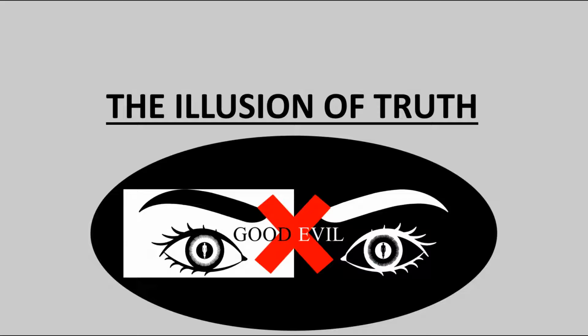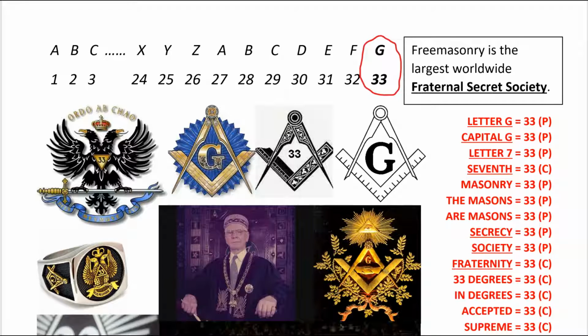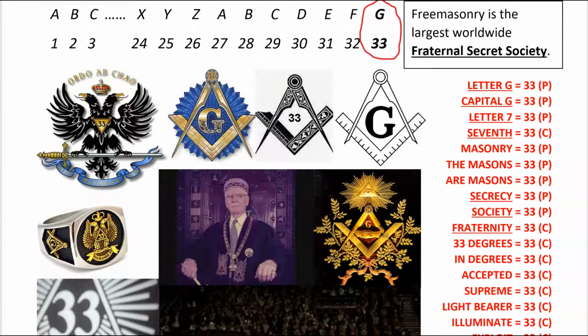This false definition of indivisible duality is perpetuated most notably by the Freemasons, with Freemasonry being the largest worldwide fraternal secret society. As you can tell just from this small collection of Masonic images, the organization has fashioned itself around the 33 valued words of numerology.